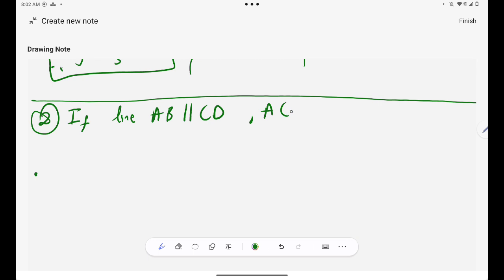And the coordinates of A are 2 and 3. And I'm told that the gradient of CD is equal to negative 1.